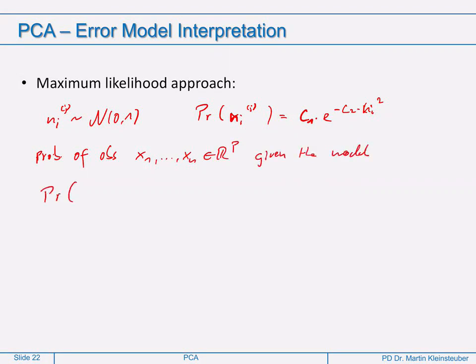We have the probability of xi given the model, so we have this product of i is 1 to n, and the product of j is 1 to p, because we're looking at each individual component.